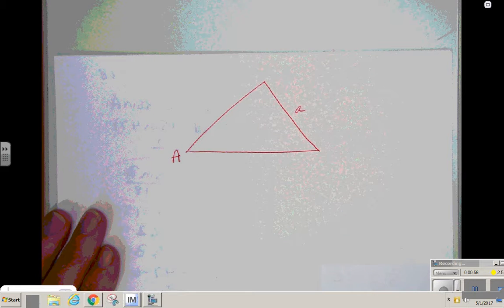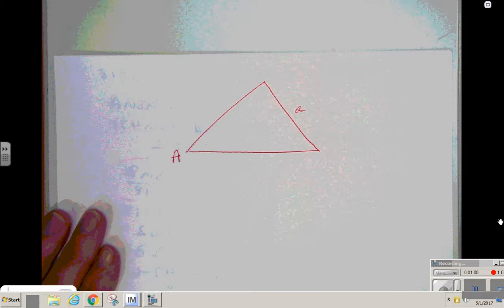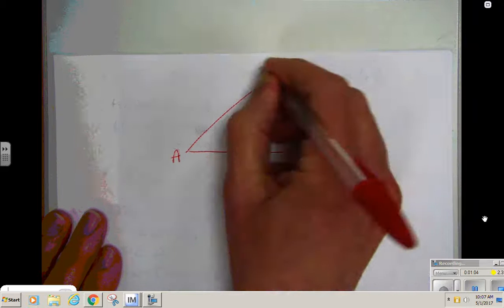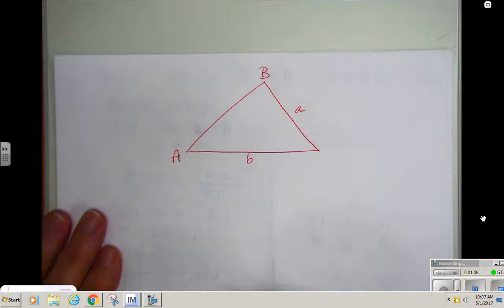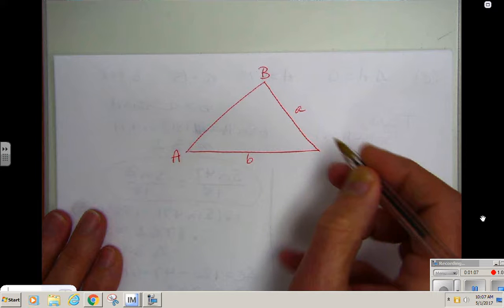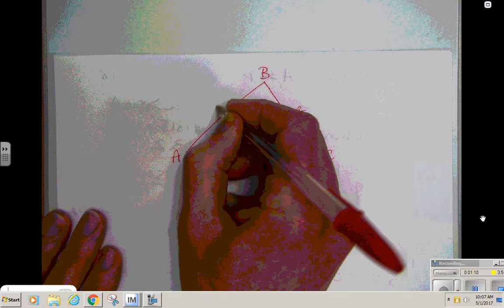Angle B is at the top, so side B is across from that, and then you have angle C and side C across from that.